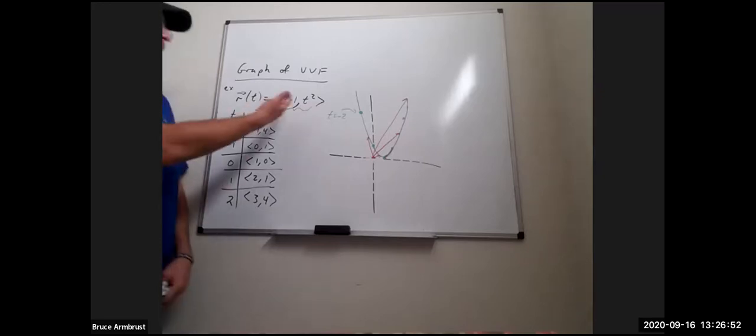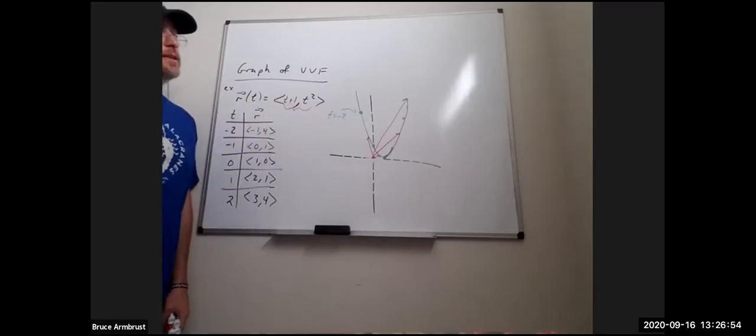So notice that this 2D vector valued function, even in its graph, is still two-dimensional. It's just we don't end up representing the vectors themselves. We just look at the points at the end.